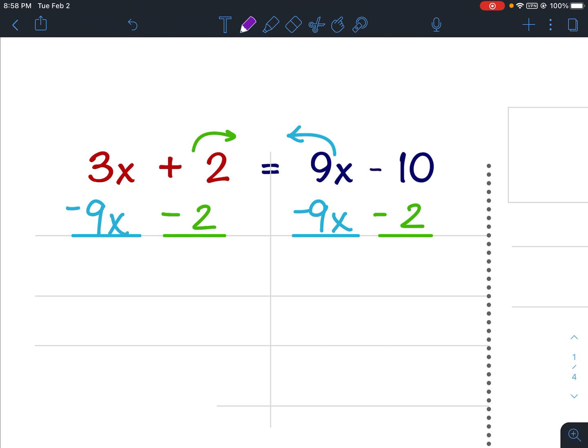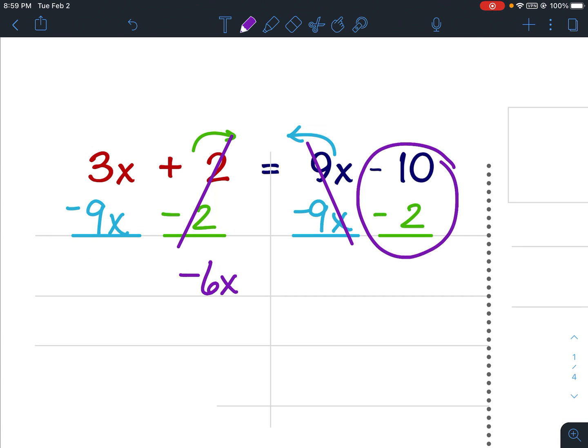All right, that allows me to cancel the constants on the left side and the variable terms on the right side. 3 minus 9 would give me negative 6x. Negative 10 minus 2 would give me negative 12.